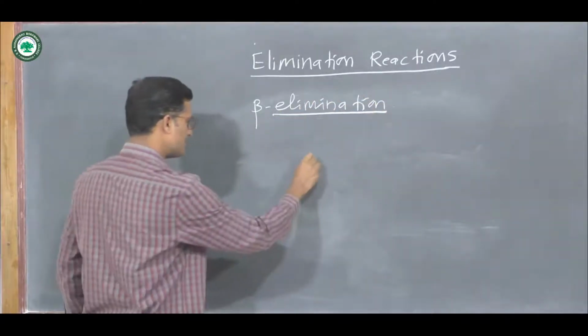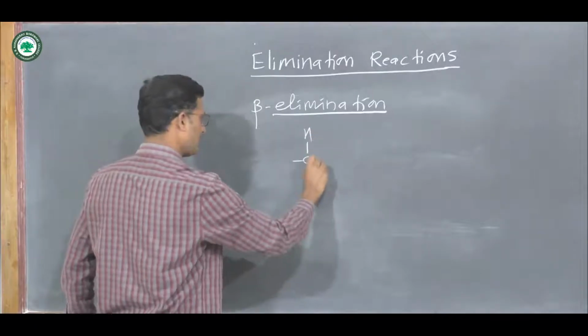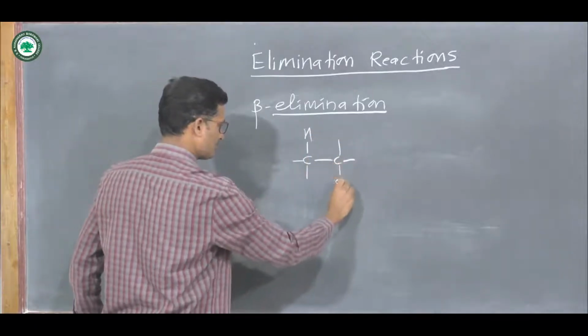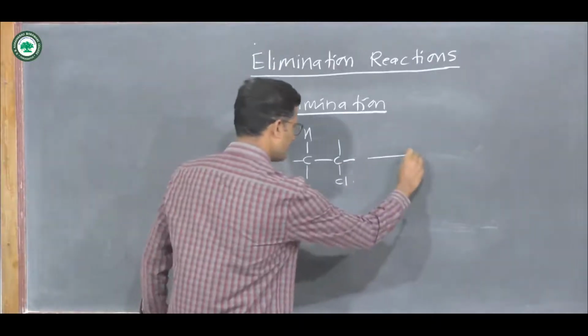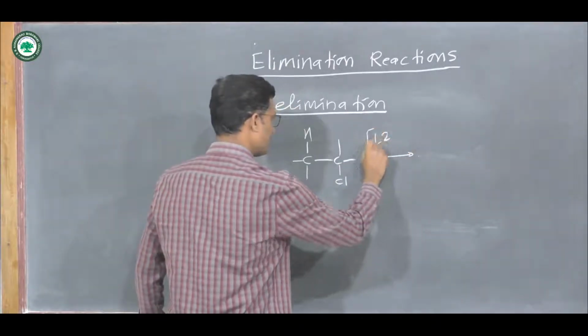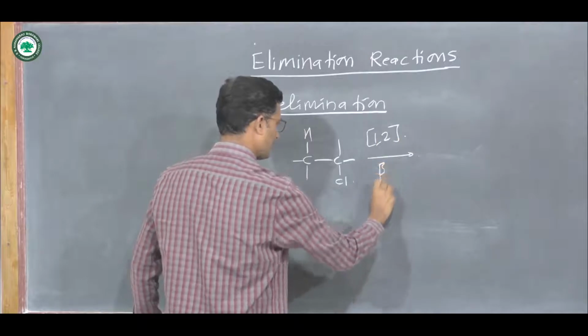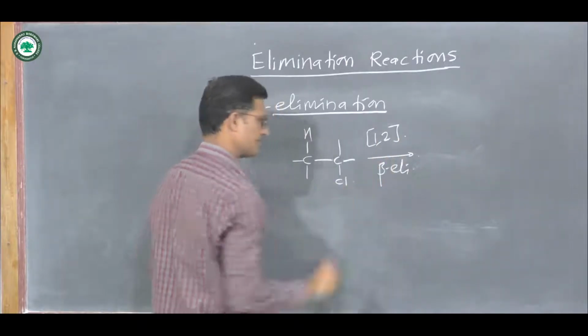We take one simple example, and suppose we take this one. When we do the elimination, we call it the 1-2 elimination, or here we call it the beta elimination.